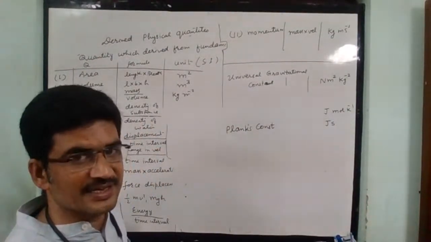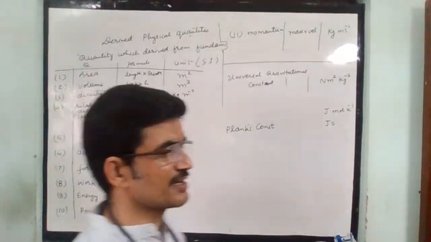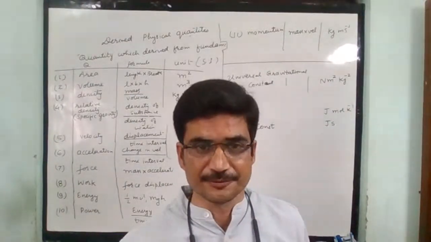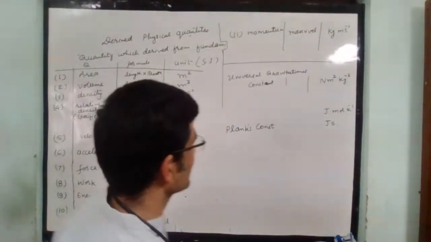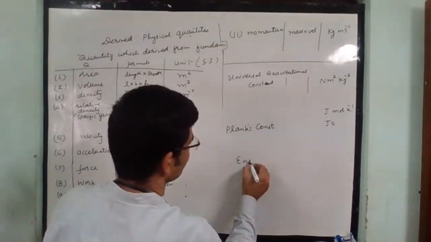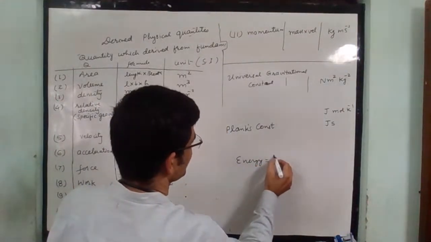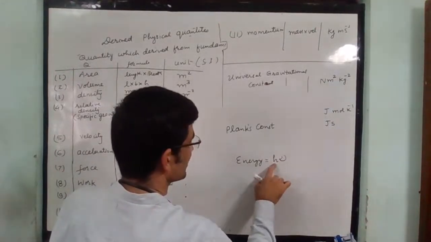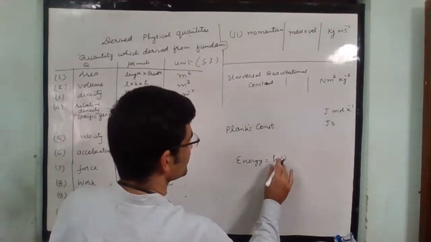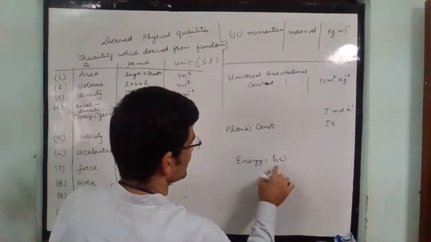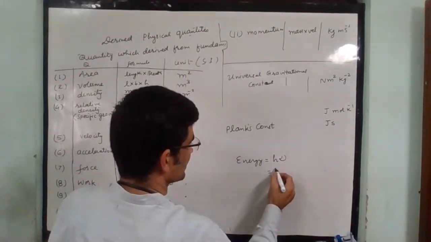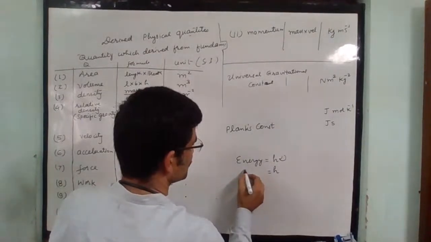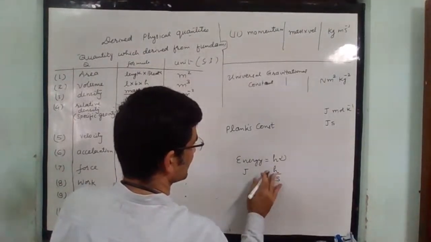into second. Actually, when we take any wave, the energy of the wave is given by Planck's constant like this: frequency times Planck's constant. Frequency means per second. E equals h times frequency, with energy in joule and frequency per second.